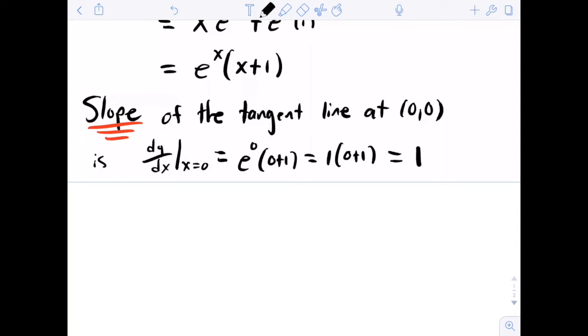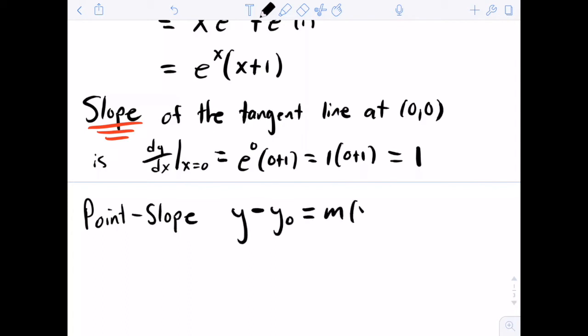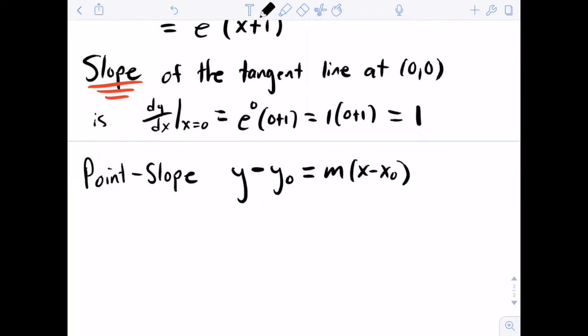Now we use the point-slope formula again. We use point-slope, y minus y naught equals m times (x minus x naught), to figure out the rest of the equation of the tangent line. In this case, our x naught and y naught is just (0, 0), the point that's given, and the m is 1.